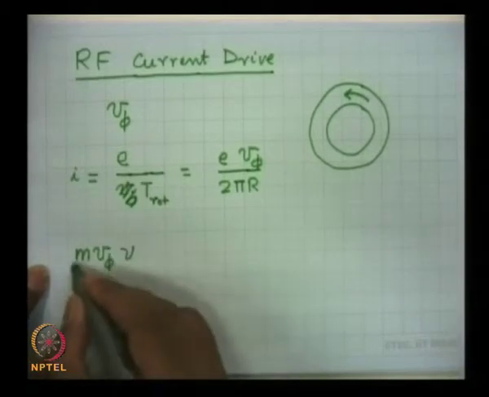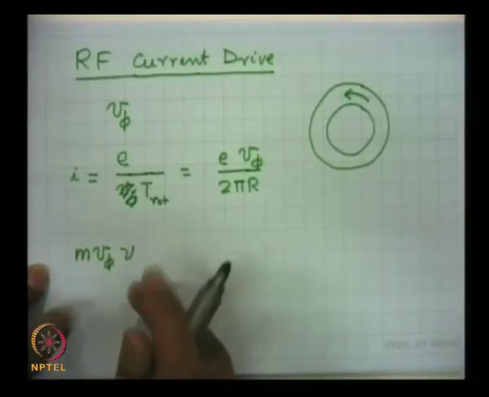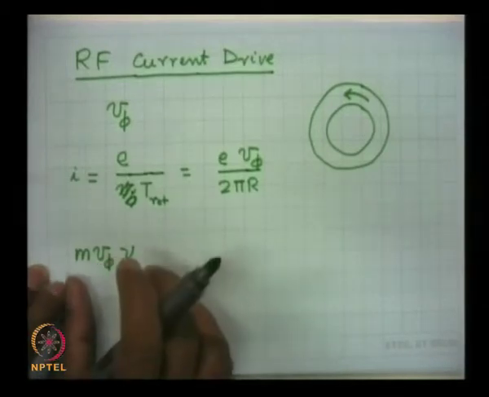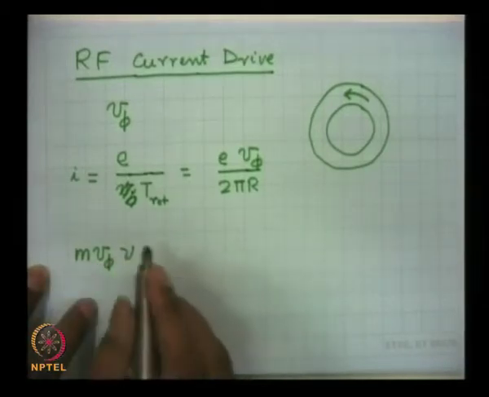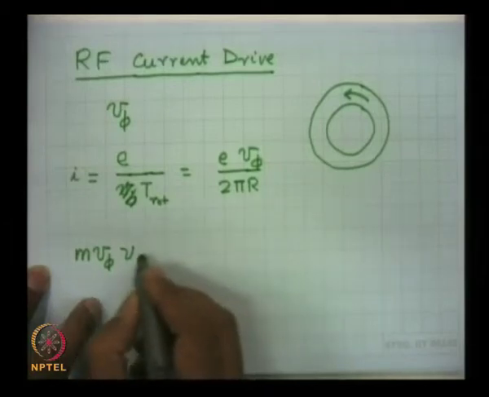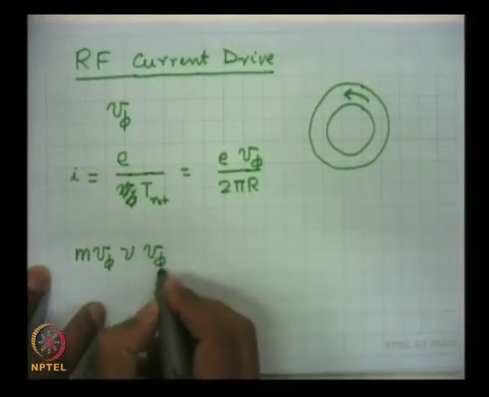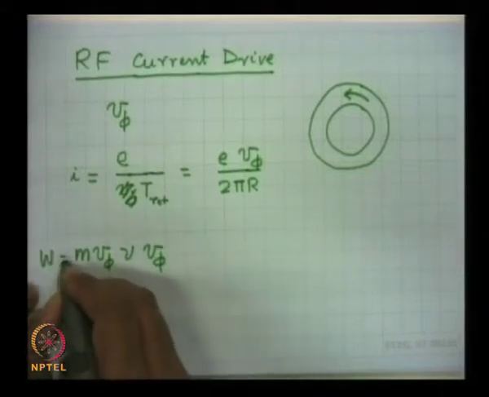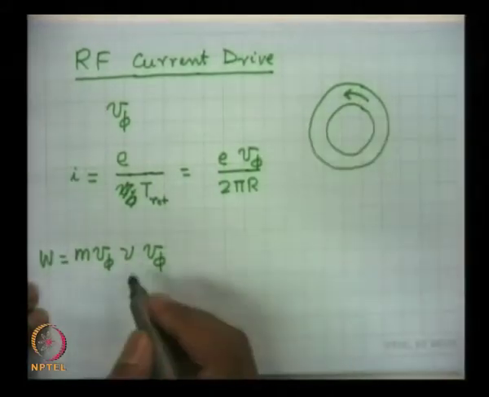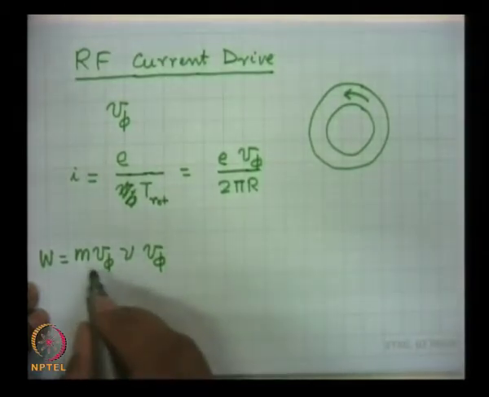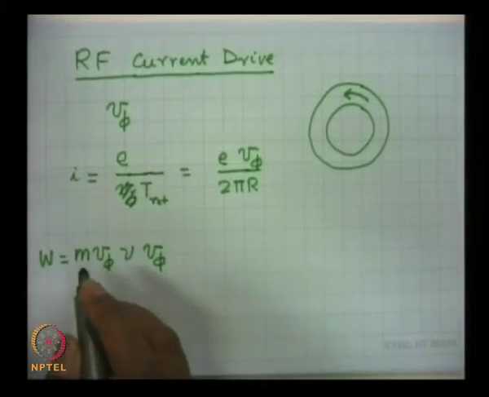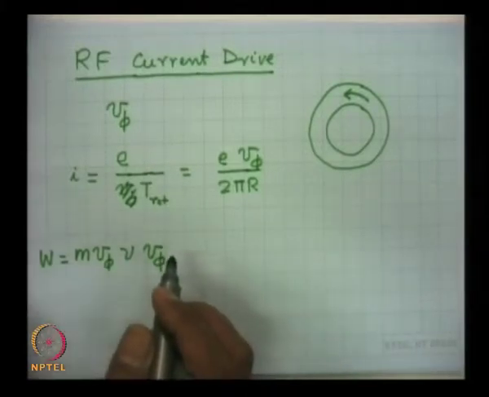And this is the kind of momentum that should be supplied to the electron per second, meaning so much force must act on the particle, and the distance traveled by the particle per second is v phi. So, this is the kind of energy lost by the agency that is providing momentum to the particle. This is the work done, this is the current drive by a single particle, and this is the energy given to a single particle per second.